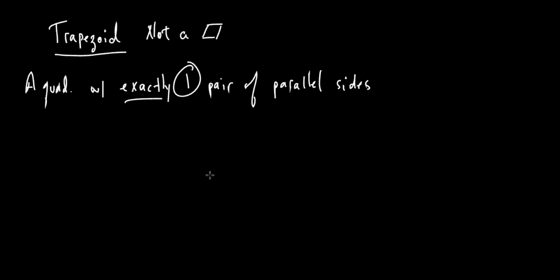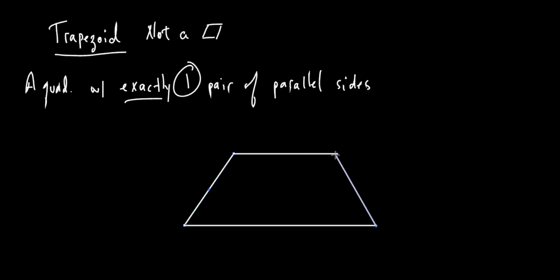So let's draw it. You can draw it a bunch of different ways. That right there looks like a trapezoid. How do I know it's a trapezoid for real?